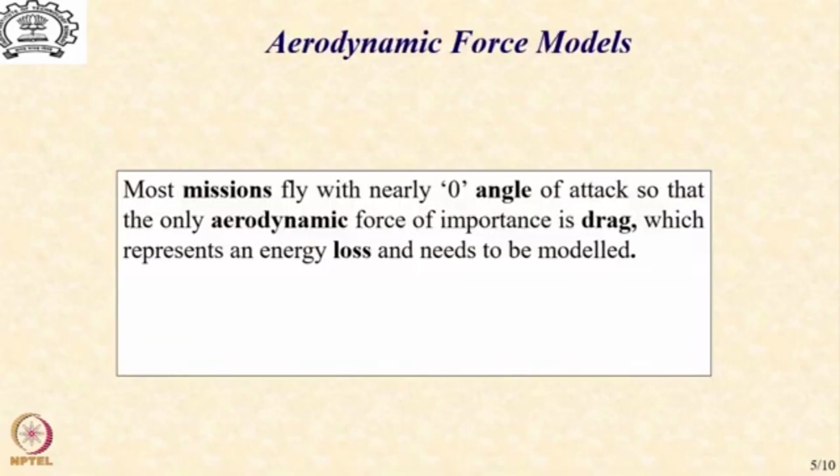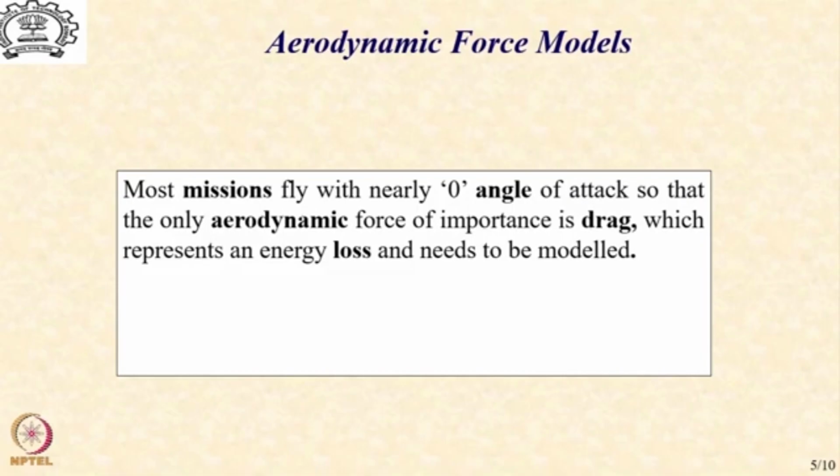The question is, what about lower altitudes? Now, in order to understand what happens at lower altitudes, let us also try and understand what kind of mission would typically be flown in the lower atmosphere.